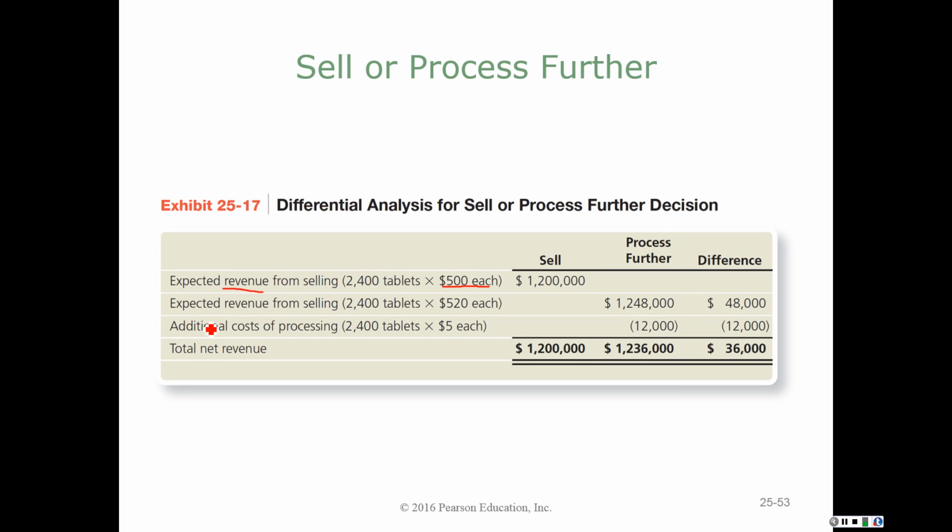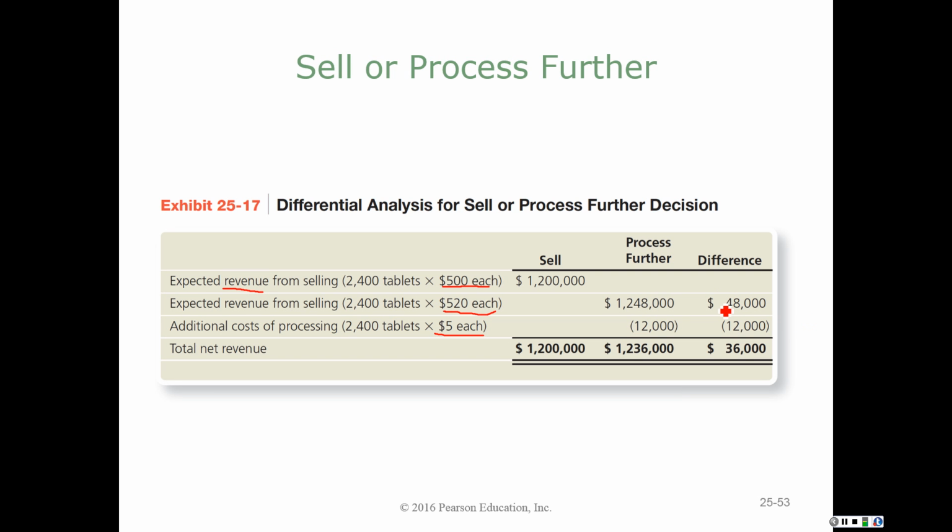If I process the tablet further and add the $5 USB port, I could sell the product for $520 each. So $520 times 2,400 tablets is revenue of $1,248,000. The difference between selling it as is and selling it with the USB port generates additional or incremental revenue of $48,000.